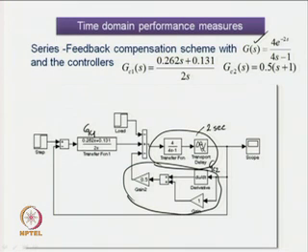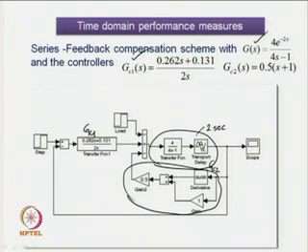Let the feed forward controller have the transfer function GC1(s) given as (0.262s plus 0.131) upon 2s, and the feedback path controller GC2(s) have a gain of 0.5 with a derivative controller given as s plus 1, where the derivative time constant Td equals 1 second.